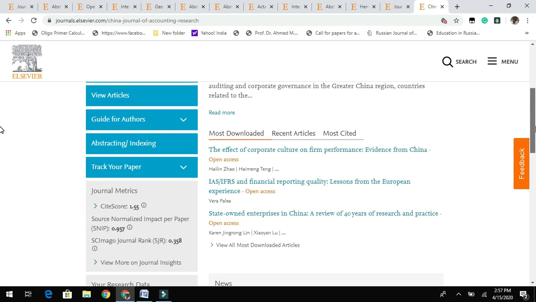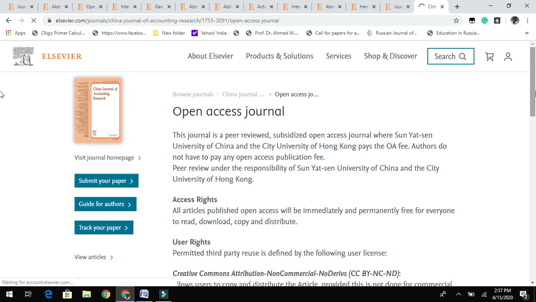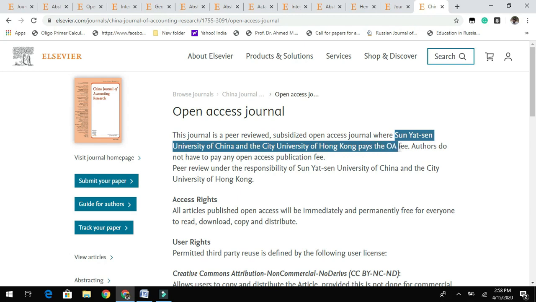And let us see the open access policy. Even this is a subsidized open access journal where Sun Yat-sen University of China and City University of Hong Kong pay the open access fee. So authors do not have to pay any open access publication fee.